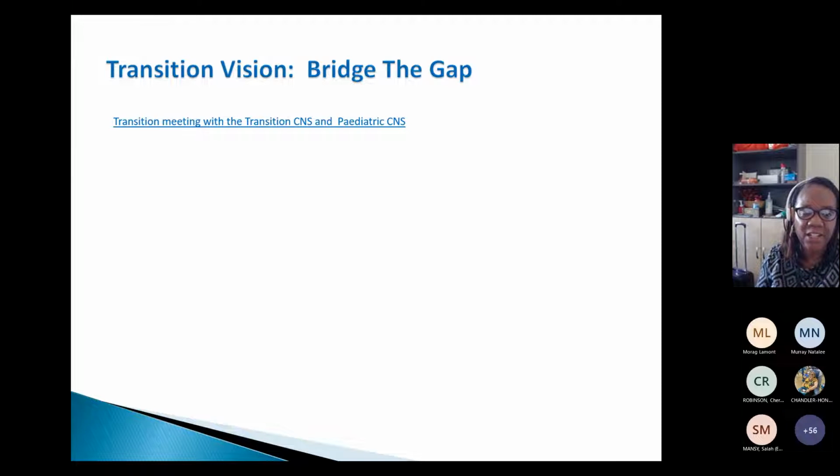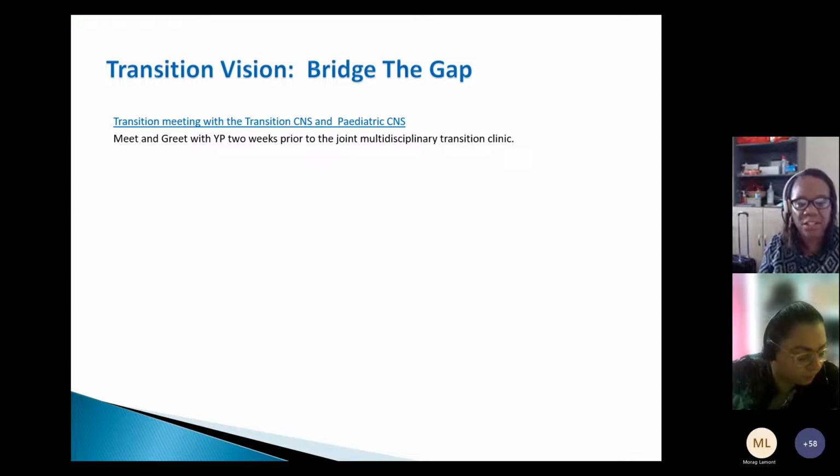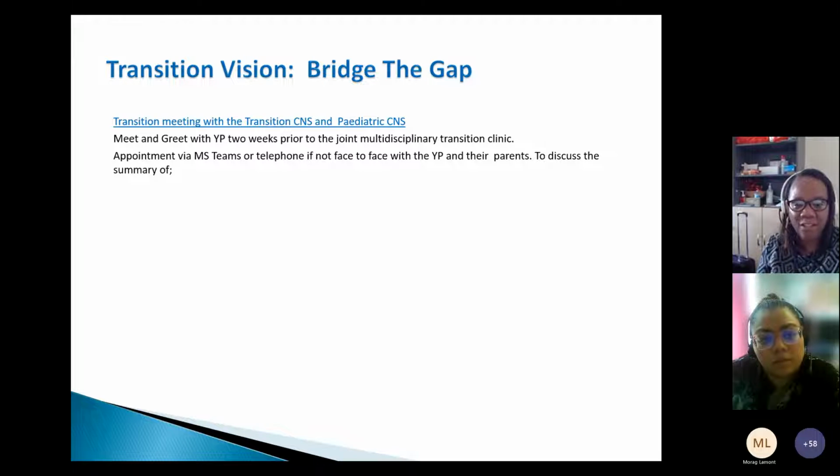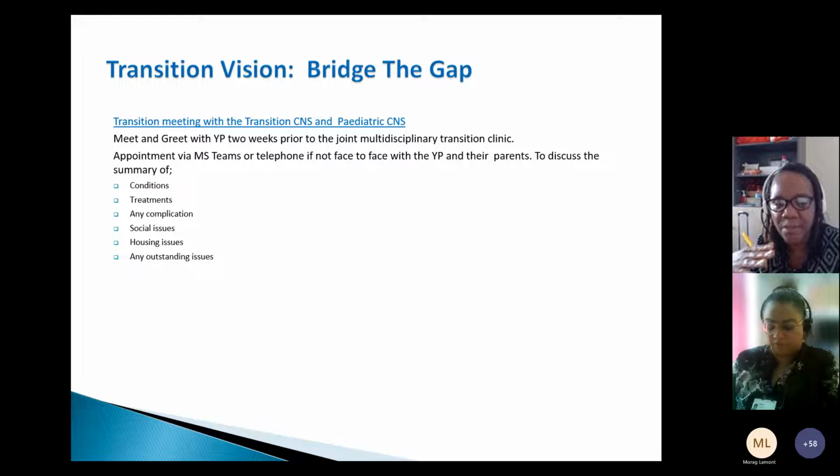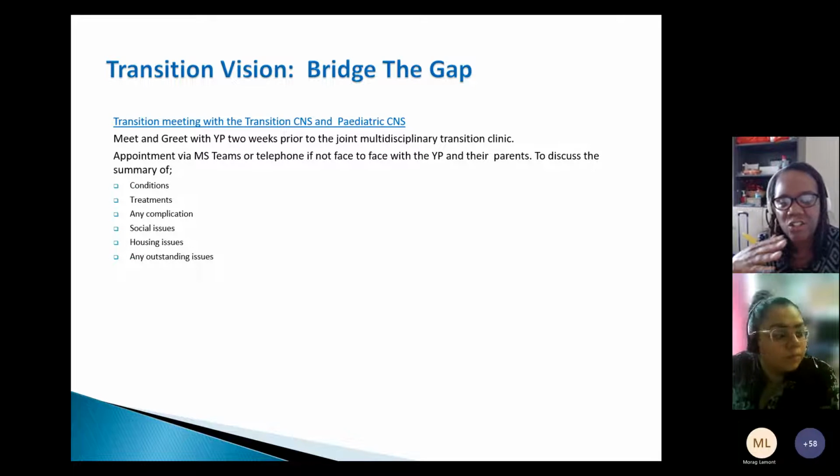Again, there is a transition meeting with the transition CNS. Why that's really important is that the hope is to pick up anything that has been missed during the pediatric clinic, just before they get into the transition clinic.